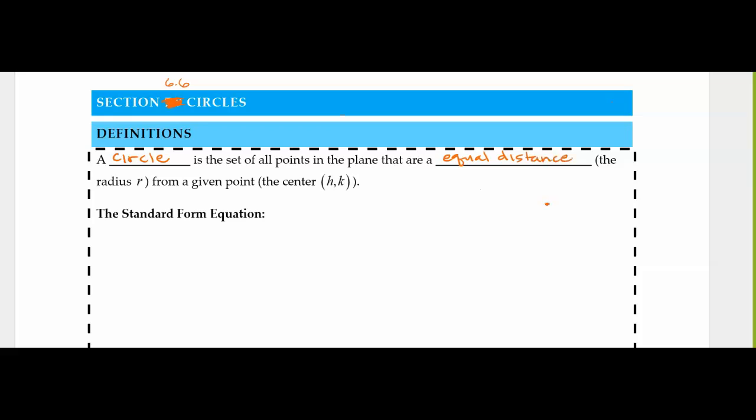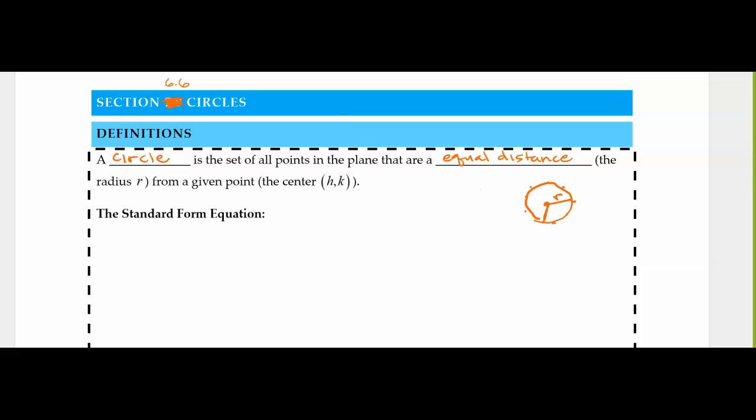So if I'm thinking, okay, here's the center, all of these points that make up the outside of a circle are always going to be the same distance away. That's not a great circle, but the radius is from the center to the outside edge, and that radius is always the same anywhere in that same circle.